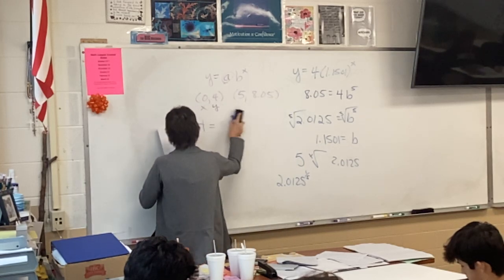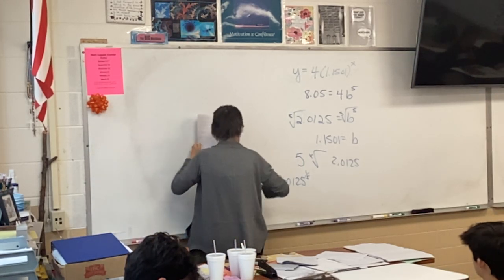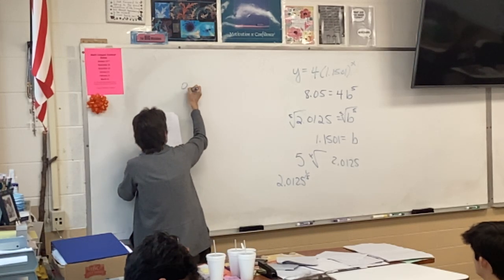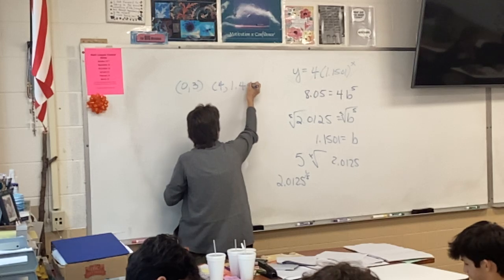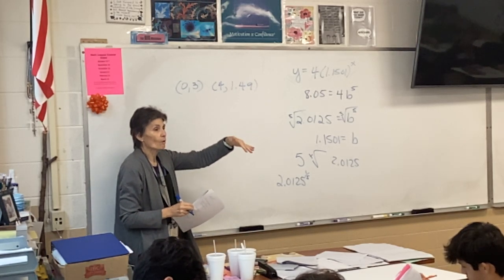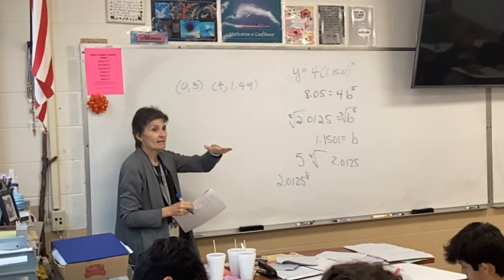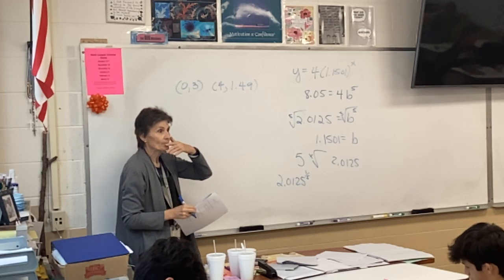All right, next. Repeat it for these 2 points. All right, so 0, 3, and 4, 1.49. Your A is 3. Okay, now Elijah has already said that A is 3. Does that make sense to everybody?